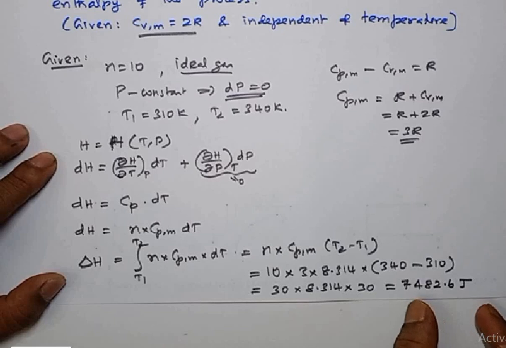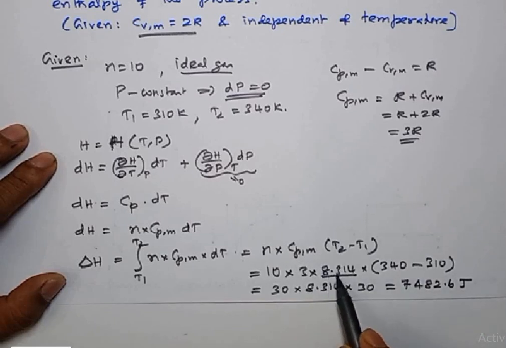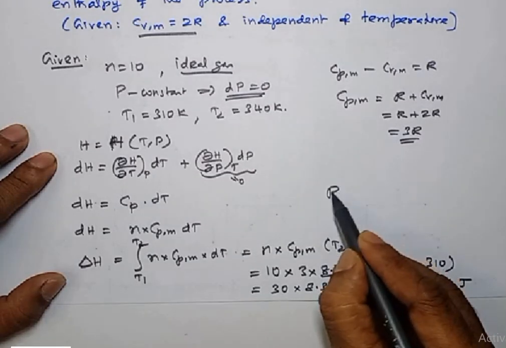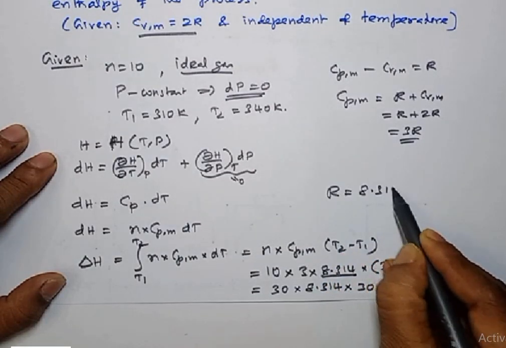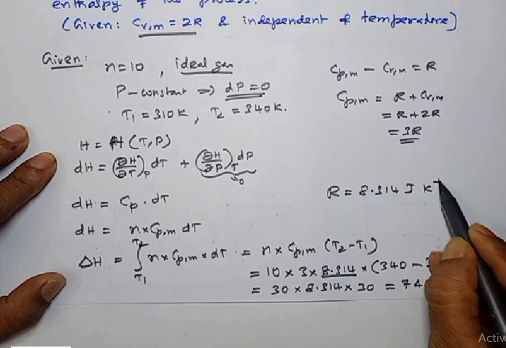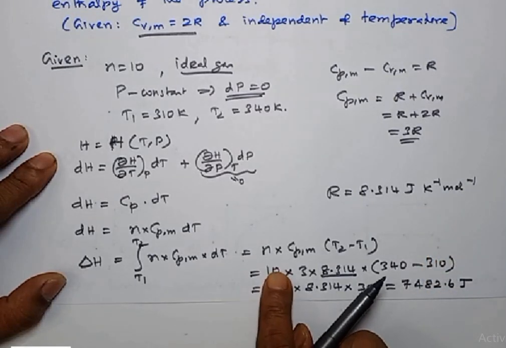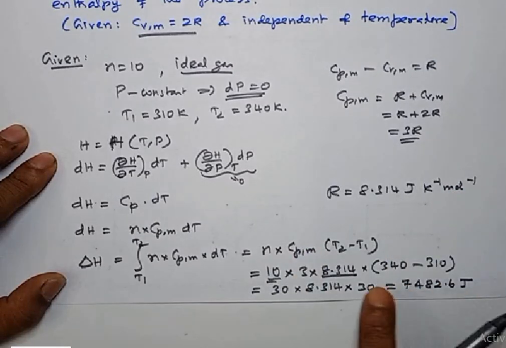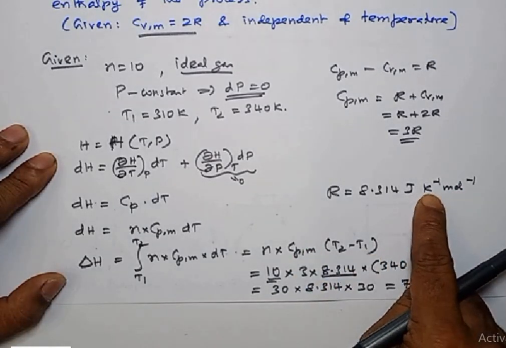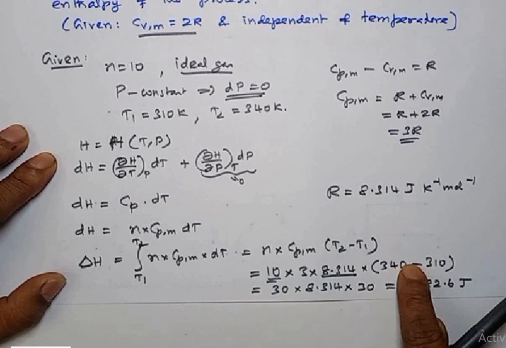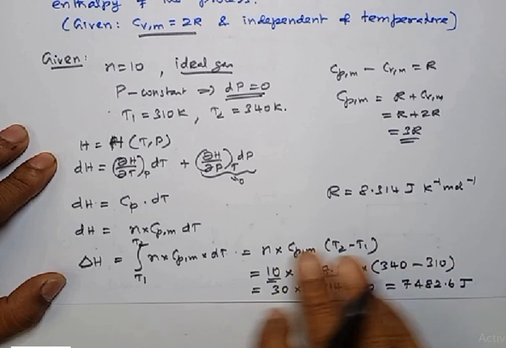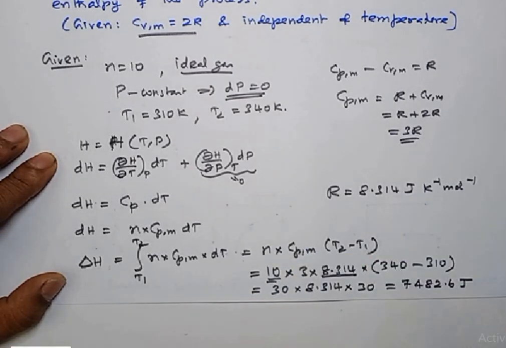We get the answer directly in joules because the R value is in joules, 8.314 joule per Kelvin per mole. Here this is 10 moles, mole inverse cancels, and this is in Kelvin inverse, and T2 minus T1 is in Kelvin, so Kelvin inverse cancels. So we are left with joules.